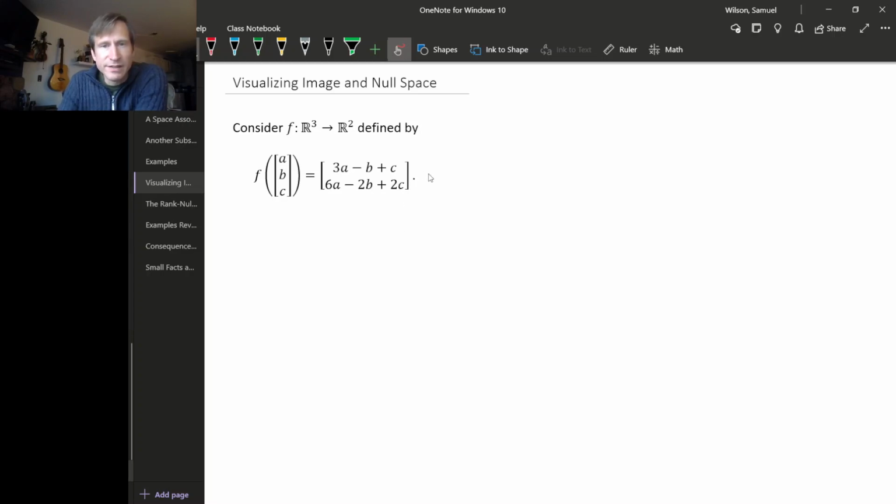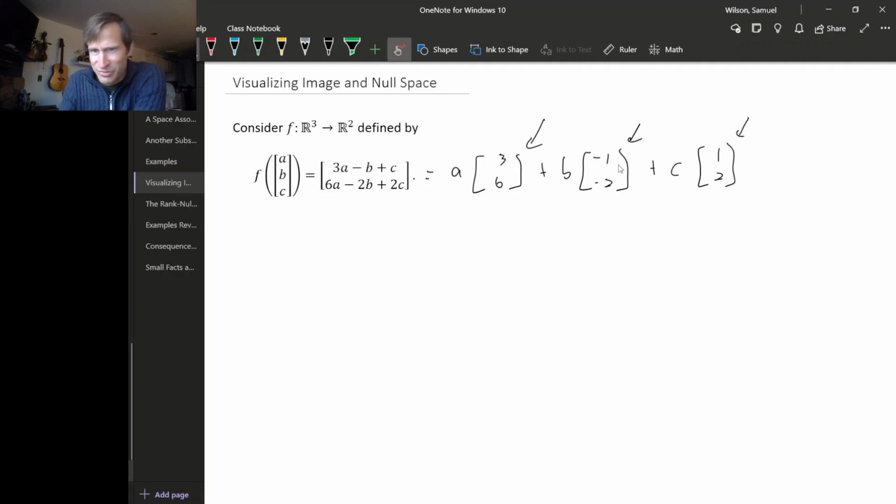If we parameterize this, this is A times (3, 6) plus B times (-1, -2) plus C times (1, 2). Well, you can see that these three vectors are all scalar multiples of each other.